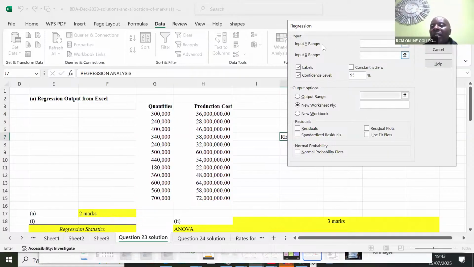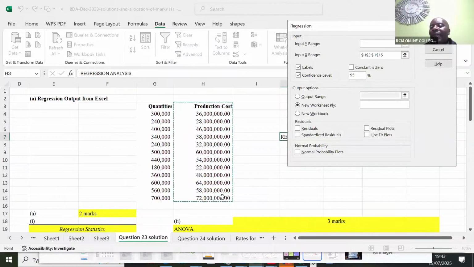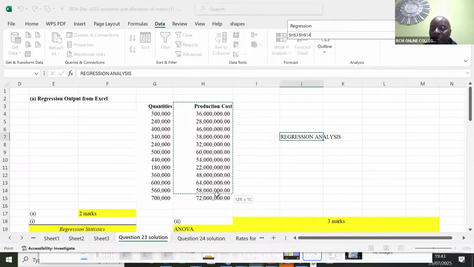So now we want the input range. What do we do with the input Y range? Put in this Y. You can even come and highlight this manually. I've taken this wrongly. It's not supposed to be there. Let me come here under Y. So start here by clicking the label and then you do like that.